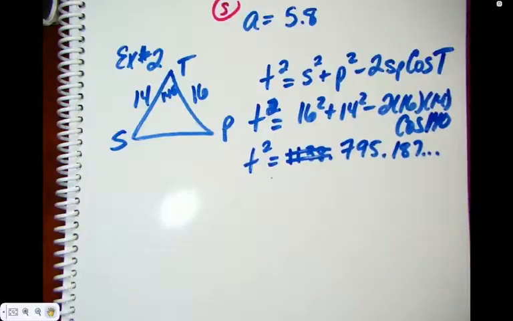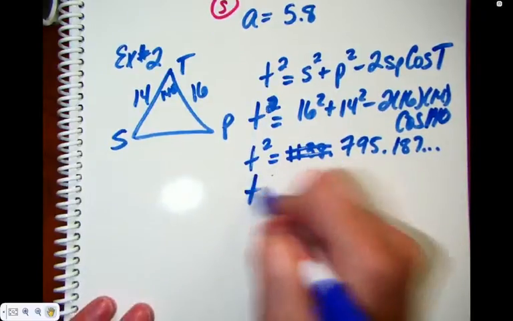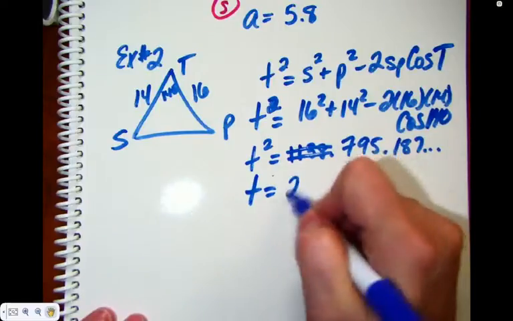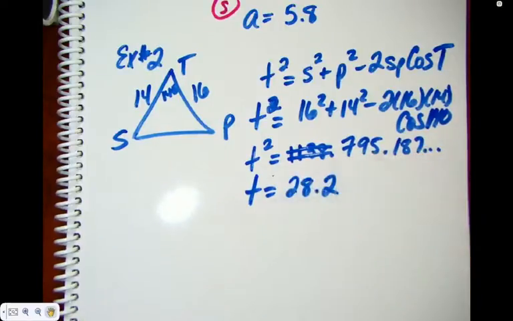That sounded confirmed? We're good, we're good. How do we isolate T? How do we get T by itself? Square root. This is where we'll round to 1 decimal place. 28.2. Offer of 28.2.